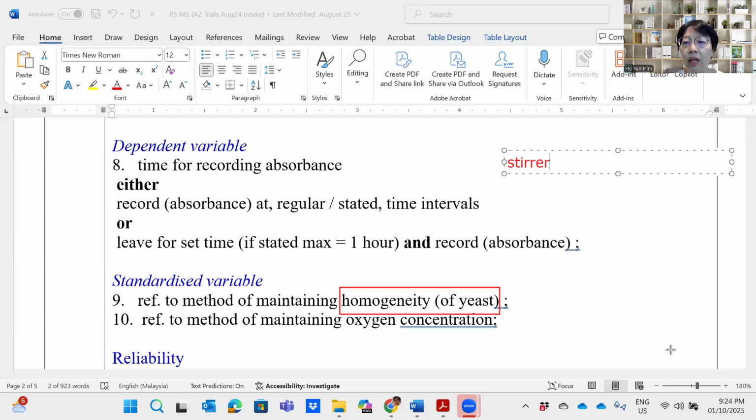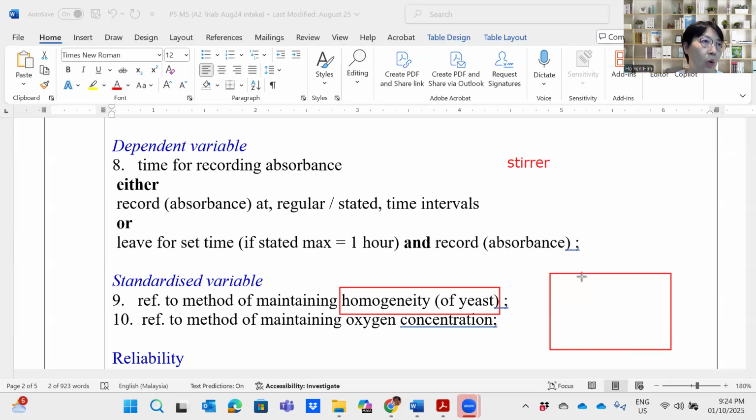A stirrer is actually an instrument with a metal in it, and this metal can rotate. In your beaker of the yeast suspension, when you want to make it homogeneous all the time throughout the experiment, you put a magnetic stirrer into it.